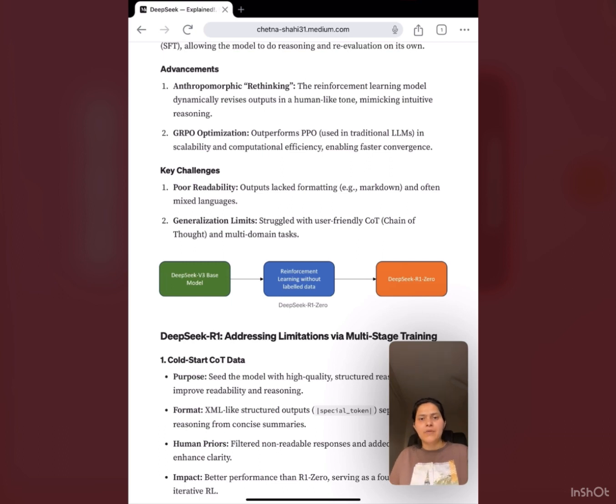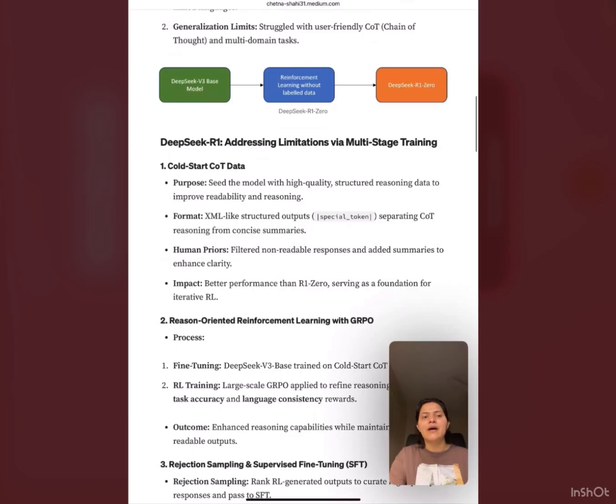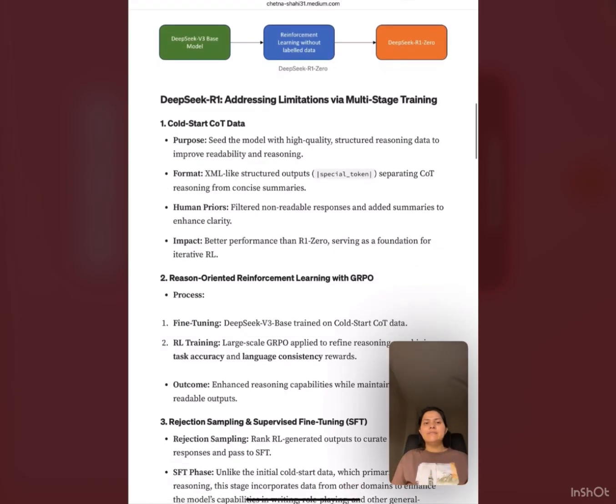The second thing was that the formatting of the reasoning and the output was not so good, and a user would end up struggling to read the output properly. So these were the challenges, and to mitigate them, they developed DeepSeek-R1.